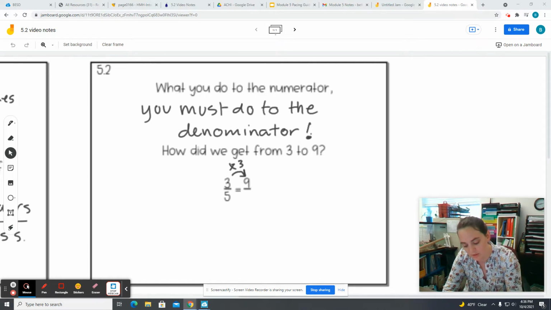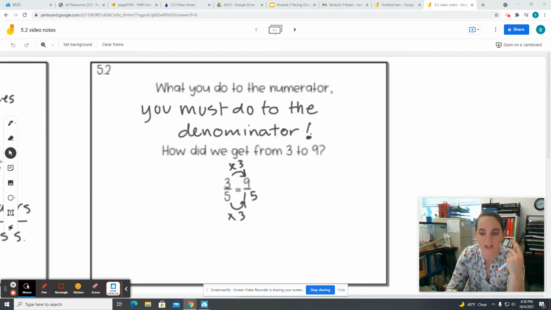So then you're just going to multiply 3 to the bottom as well. So 5 times 3 is 15. So now 3/5 and 9/15 are equivalent ratios. Okay, because they're showing the same comparison, they're equivalent fractions. Here we go.